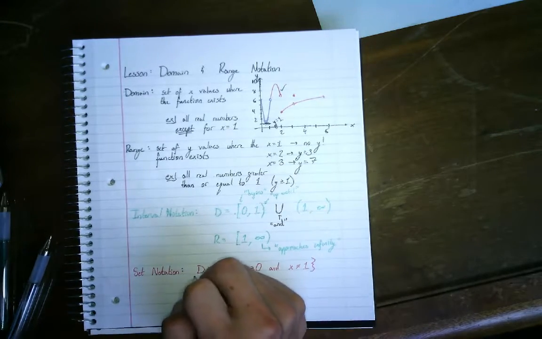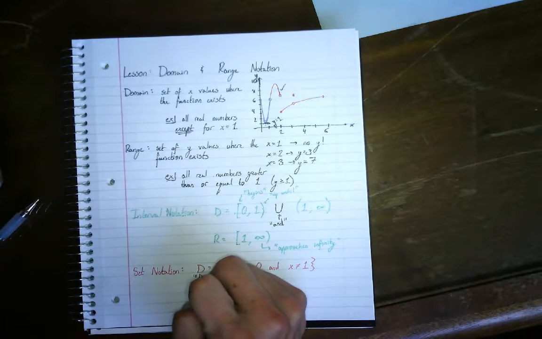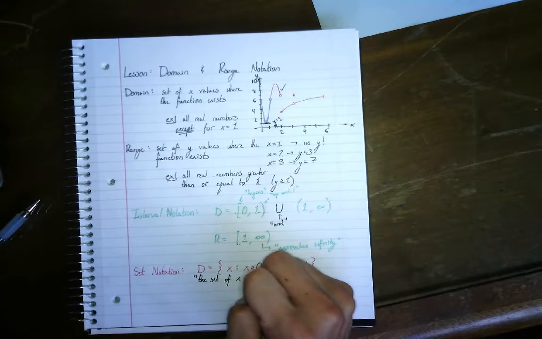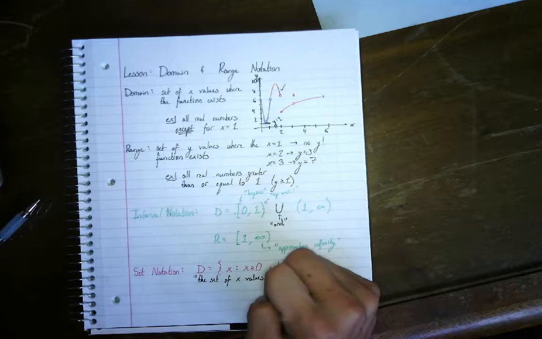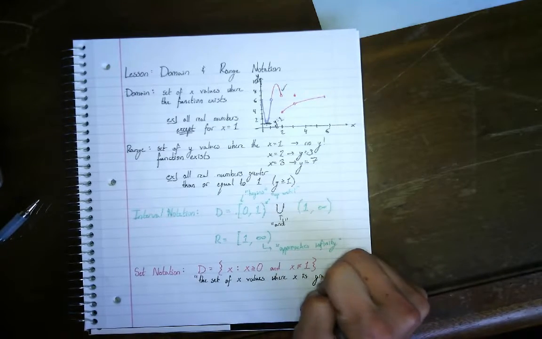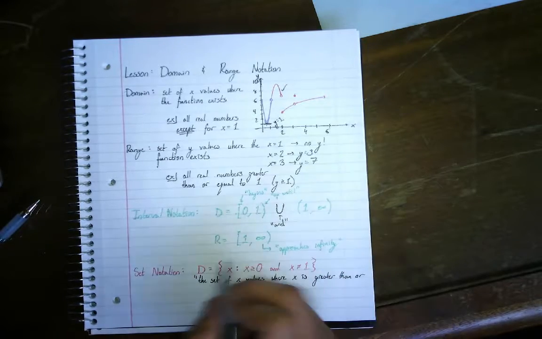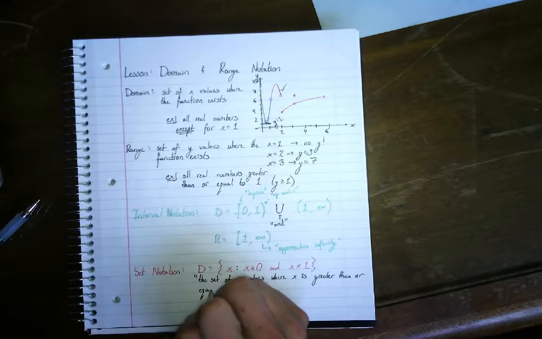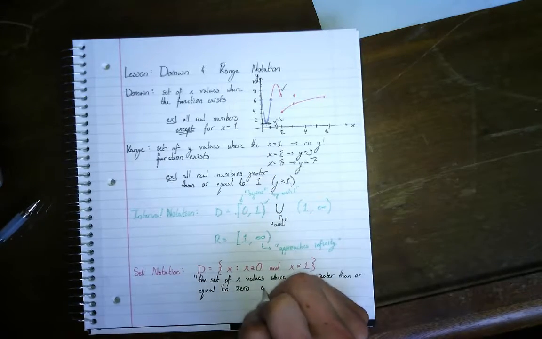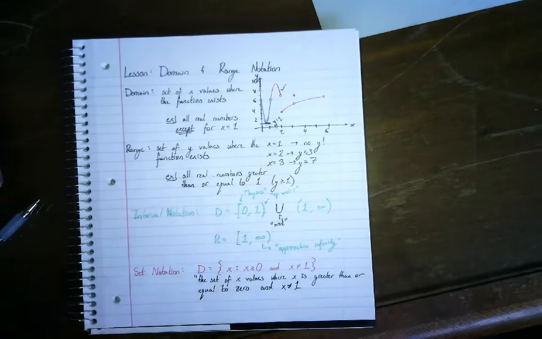So this translates to the set of x values where x is greater than or equal to 0 and x does not equal 1.